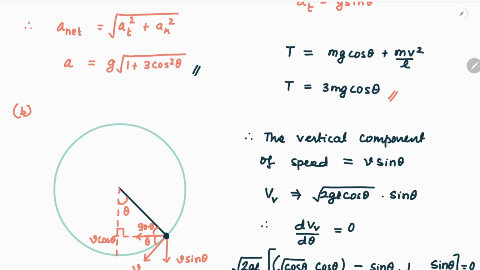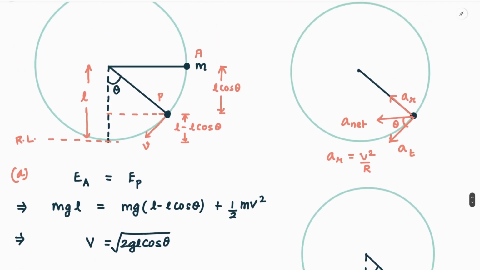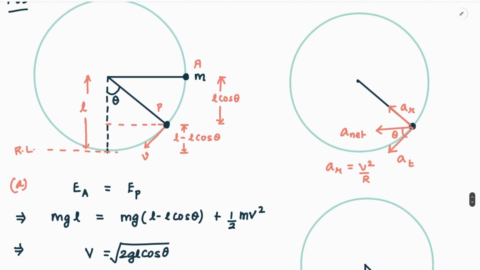Now there is a third part of the problem: the angle theta between the thread and the vertical at the moment when the total acceleration vector of the sphere is directed horizontally. If we think in terms of total acceleration of this sphere, over here we have marked the radial acceleration and tangential acceleration, and we have taken this angle as theta.